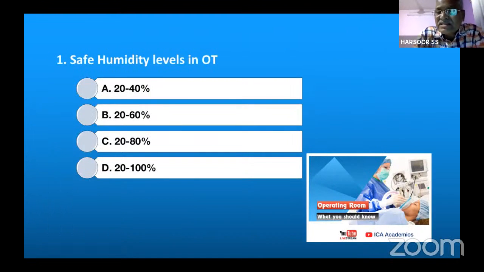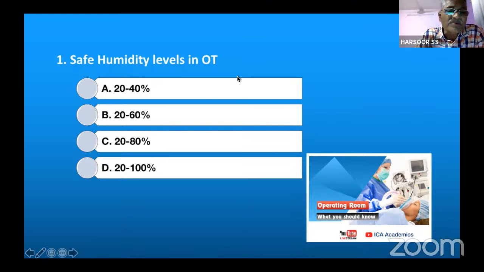Before he starts his talk, we will have another 2 questions like the previous one. The voting pad will be there. Kindly answer in the voting pad. I know some of you are answering in the chat box. Kindly use the voting pad. The first question is the safe humidity levels in the OT.